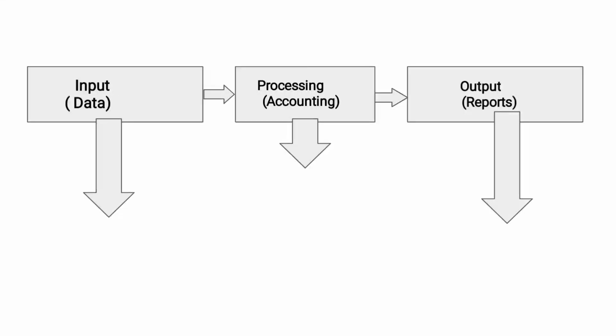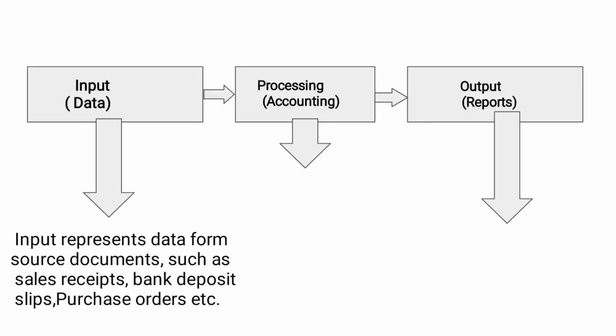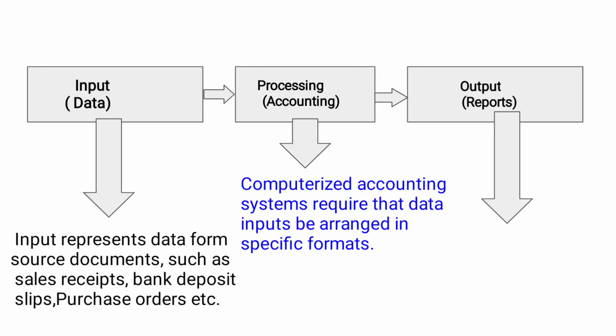So input represents data from source documents such as sales receipts, bank deposit slip, purchase order, etc. In processing, a computerized accounting system requires that data input be arranged in specific formats. Transactions with missing date, account number or other critical information are not accepted by the system.